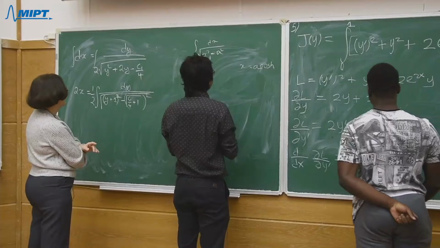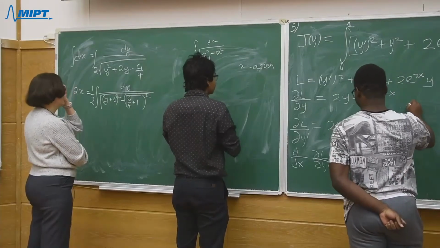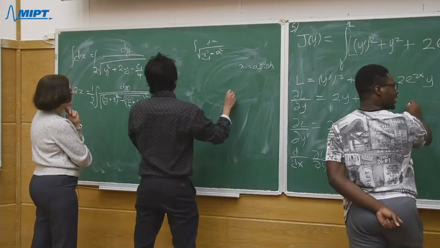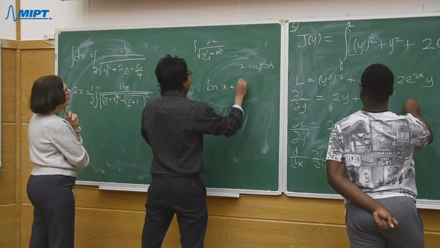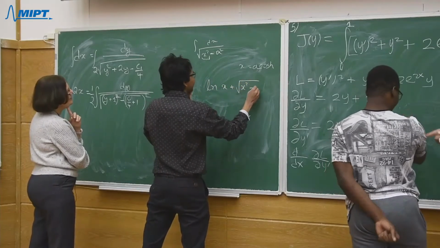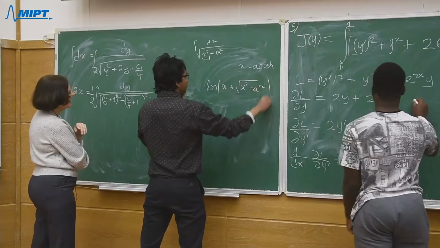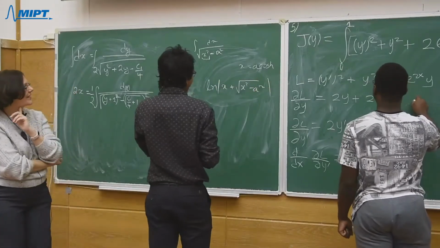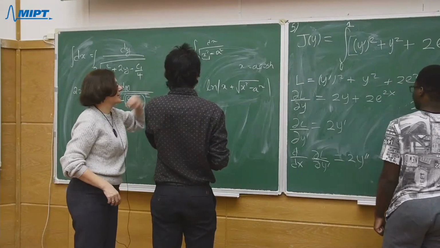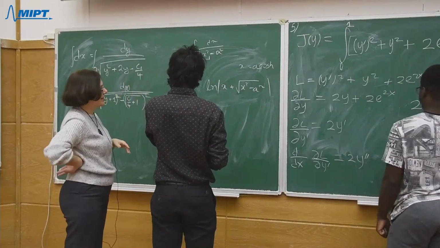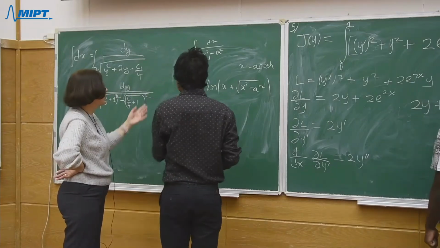No, a long logarithmic function. I think the answer is something like this, minus x squared. But you don't have to find it. Just differentiate this and obtain this. It's the best way to obtain this formula.